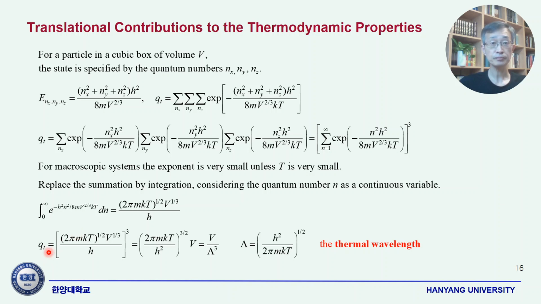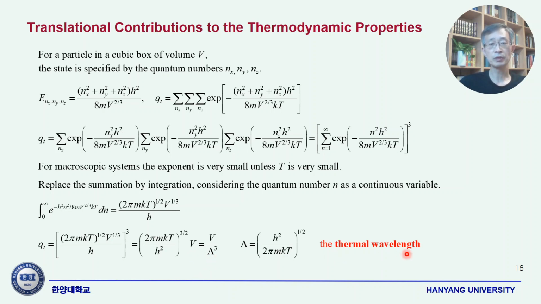Okay, so you make all this together into one kind of constant term, 2 pi mkT over h squared to the 3 halves power, and then V is just independent over here, just V. And then what we can define here is lambda.